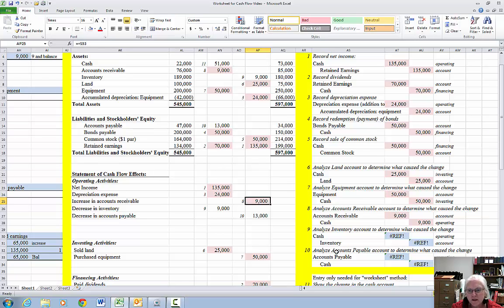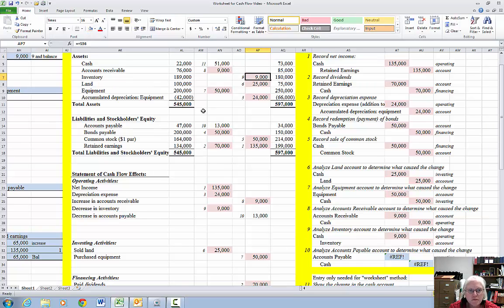Inventory is a current account. It looks like the inventory account decreased by $9,000. So I will debit cash in the operating activities for the $9,000 and credit inventory for $9,000 in the accounts.